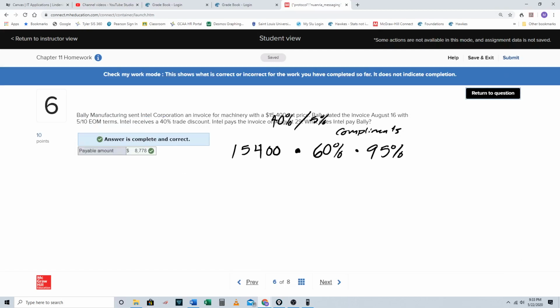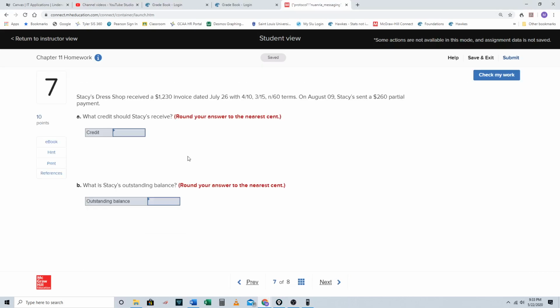All right, two more to go. Partial payment. This is at the very end, I think, of the PowerPoint. Again, this is a two-parter. Do they pay before 10 days or before 15 days? They paid on the 9th, and it was July 6th.